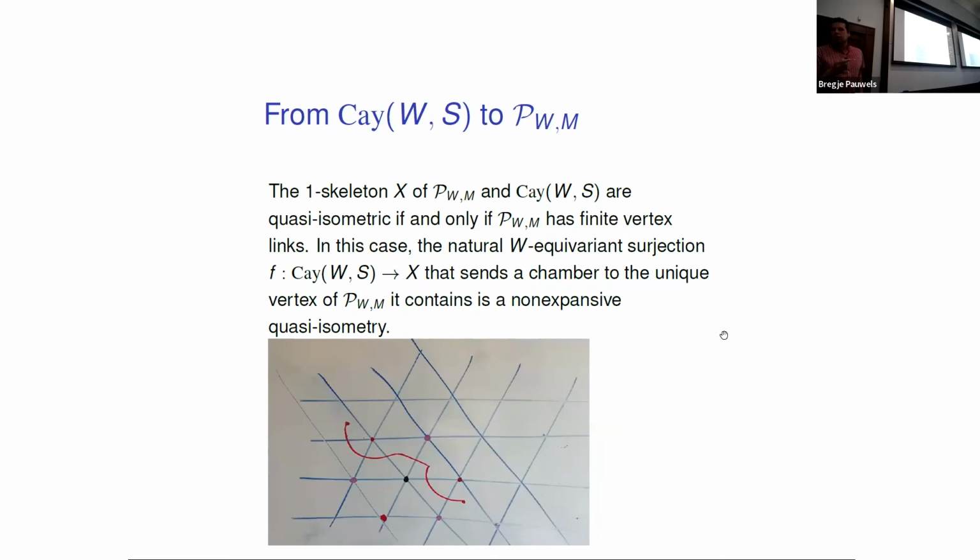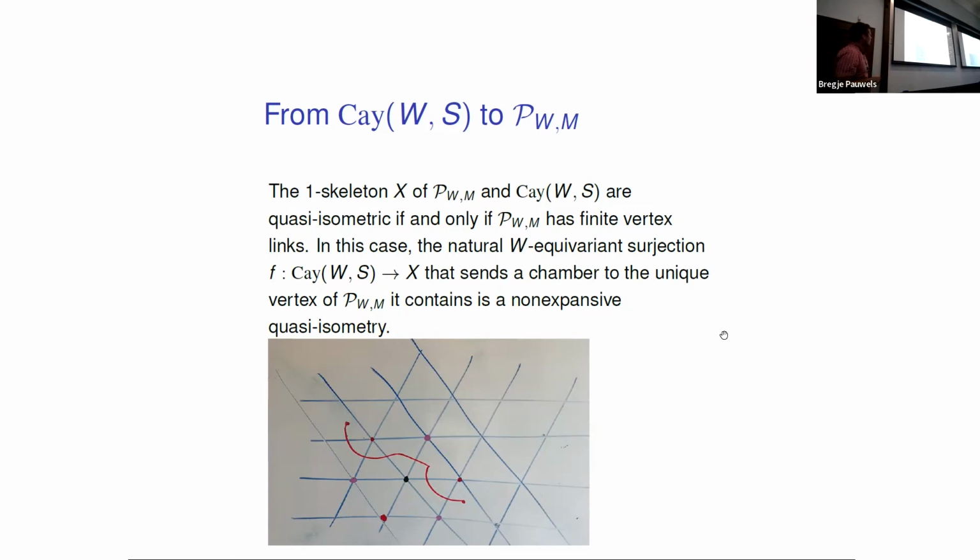Okay, so I told you that we want to use this. So now I will need to first tell you that the Cayley graph of W_S is going to be quasi-isometric to the infinite polytope. So that's the first step. I want the infinite mother objects to be quasi-isometric. And then the second step will be to show that this doesn't get destroyed when I pass to quotients.